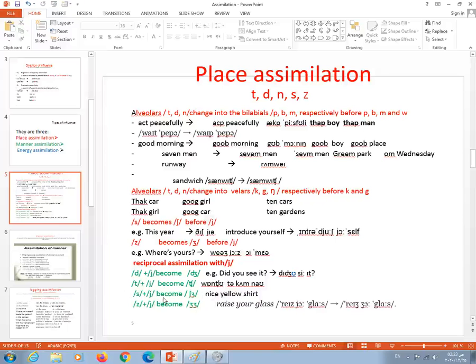Sa and ya, when they come after each other, they change into also shoes. For example, nice yellow shirt, it's going to be nice yellow shirt. Nice yellow shirt.